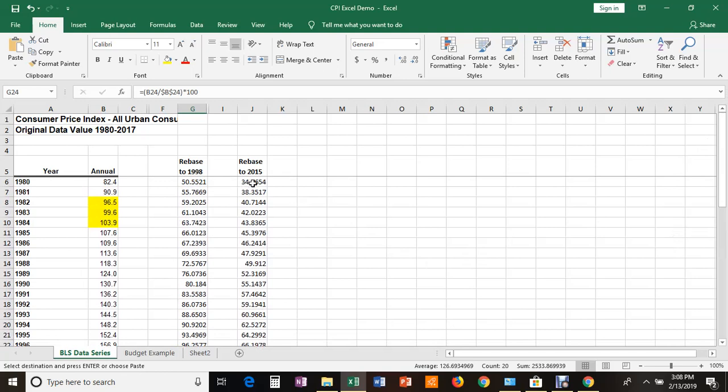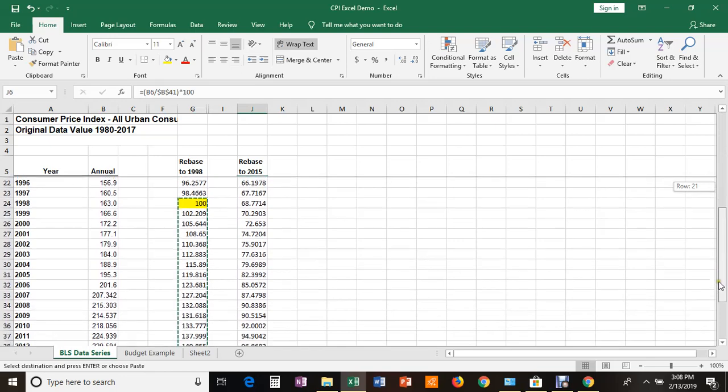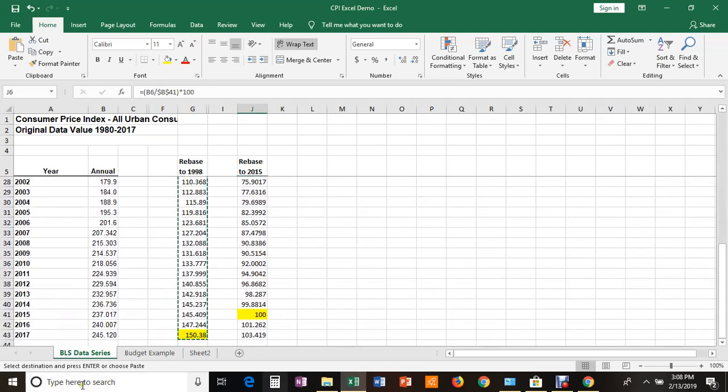So how do I do that? Same way. Here I am in 1980 at the beginning of my chart, I take B6, which is 82.4, divided by B41. B41 is 2014. Oops, I made a mistake. Did I say I was doing this in 2015 dollars?